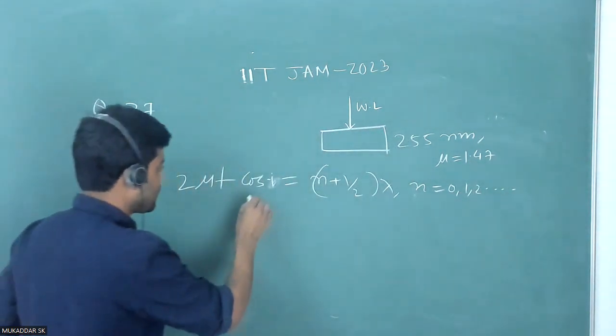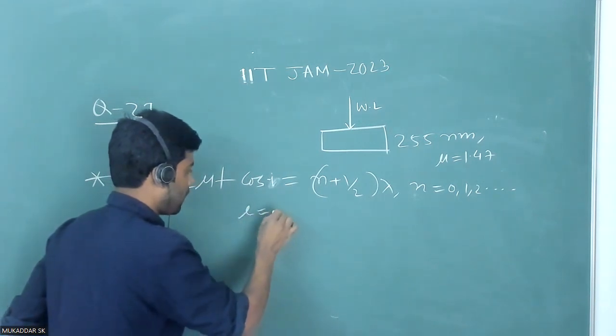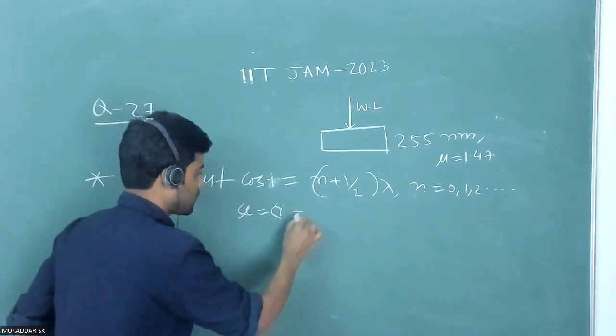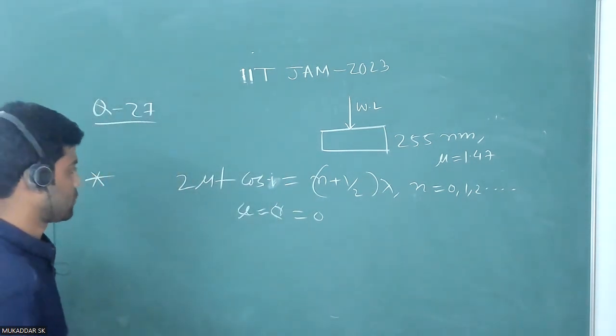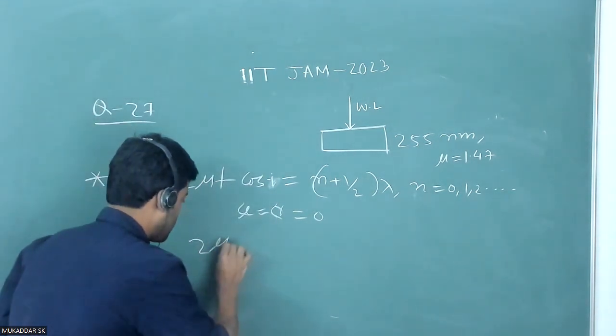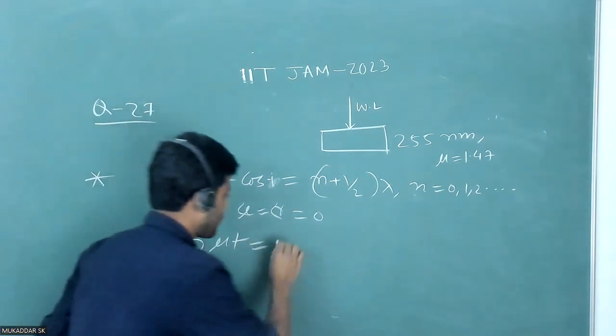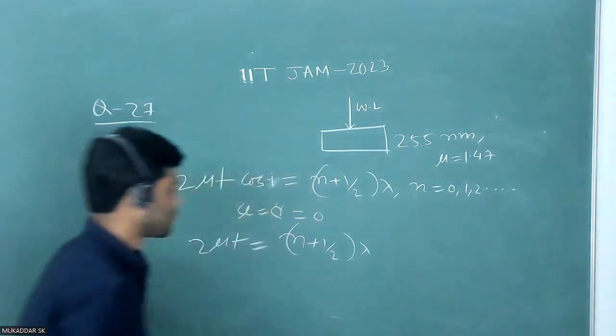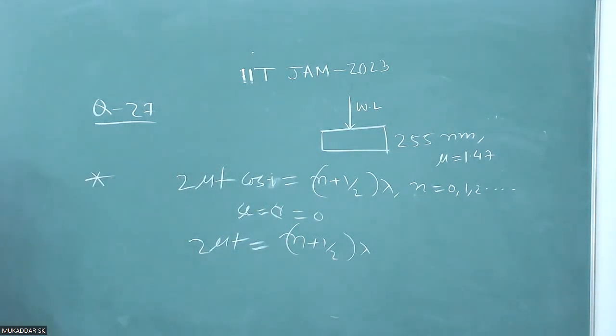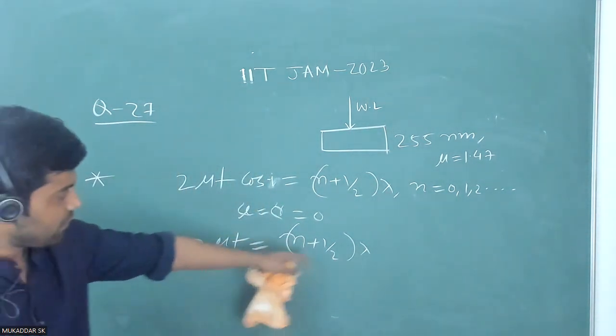And for normal incidence, angle i and r will be 0. So obviously cosine i or r will be 1. So we'll basically get twice mu t equals (n plus half) lambda.